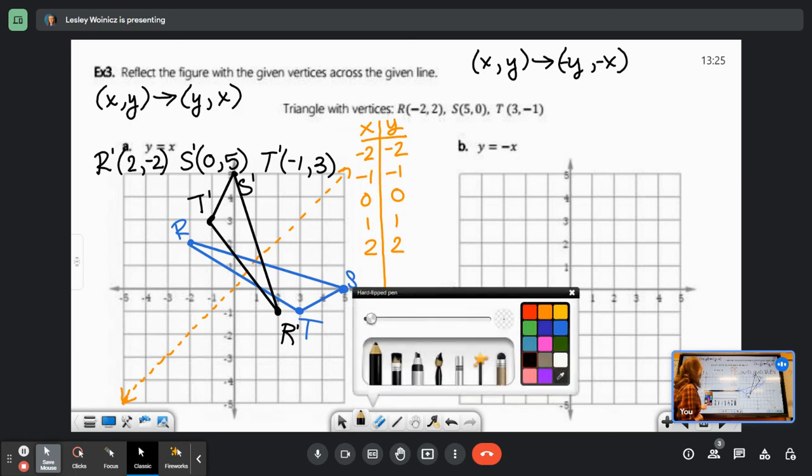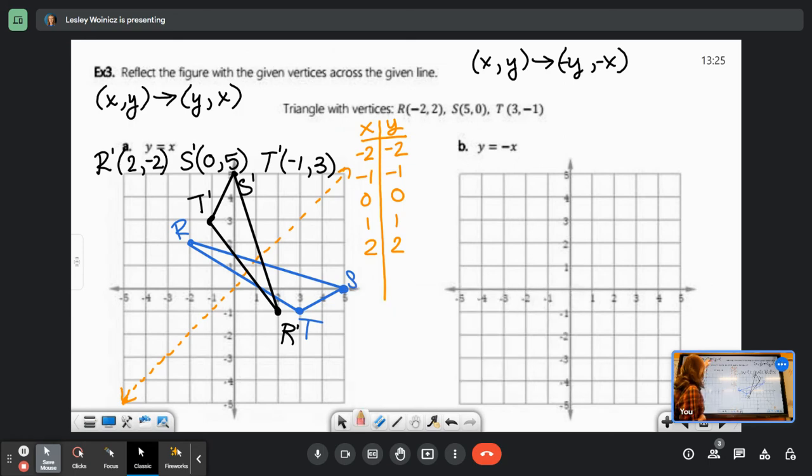Let's figure out what these points should be. R prime, I'm going to switch them and change their signs. So if I move the -2 to here, to the y spot, and then I make it positive, don't I just get a 2? And if I move the +2 to the x spot and then change its sign, don't I just get a -2?